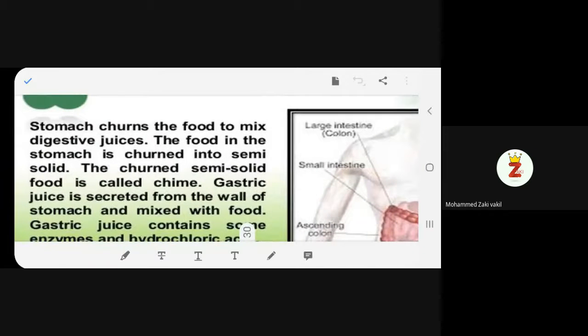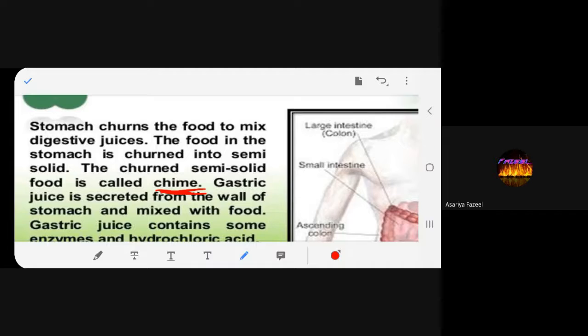Next time be a bit louder. Now what is the stomach doing? It is mixing the food with digestive juices. Now the food is made into semi-solid. This semi-solid food is called chyme. I'm giving you extra information.